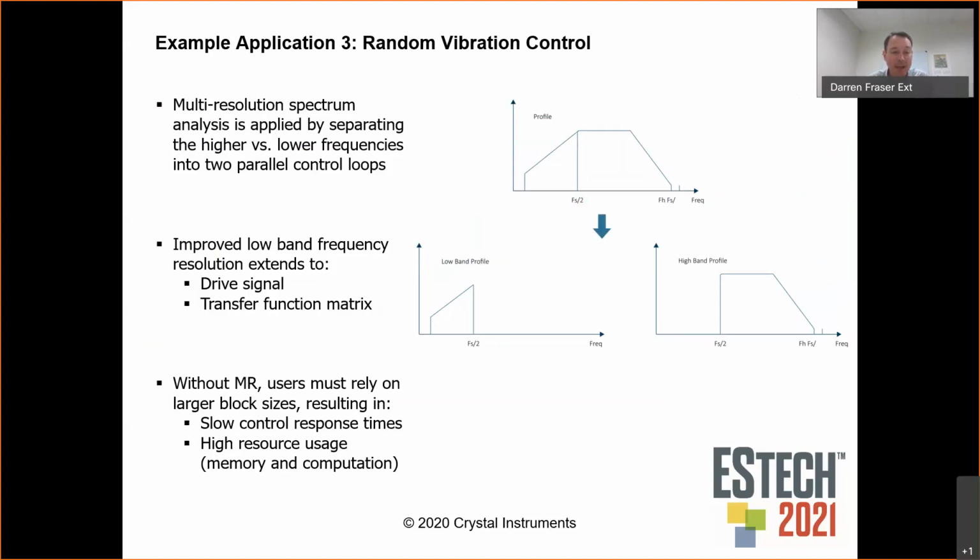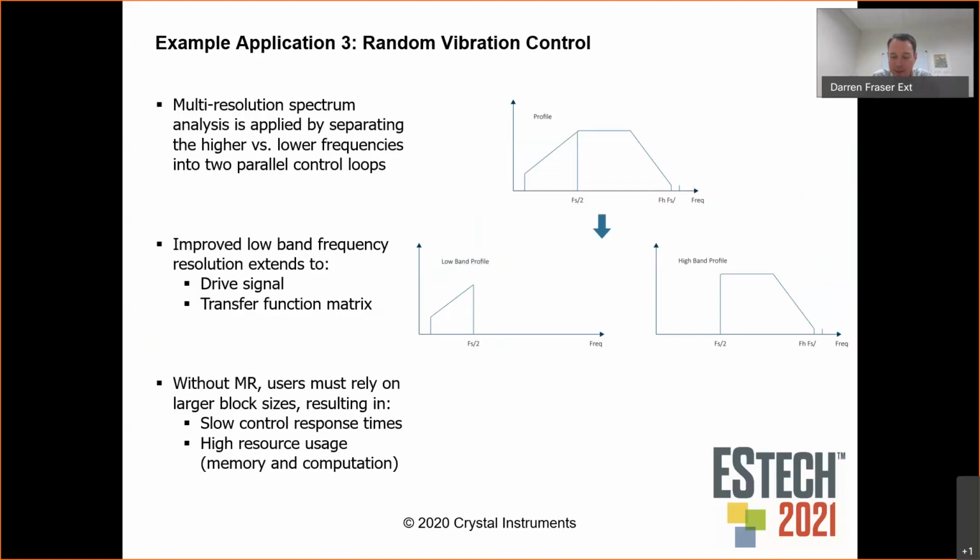And by doing that, we once again are able to achieve better frequency resolution at the low end without having to compromise on the increase in the computations that need to be done, or on the time it takes to run those computations.